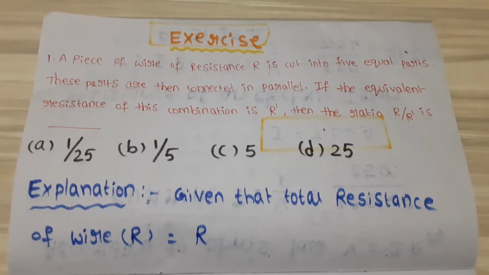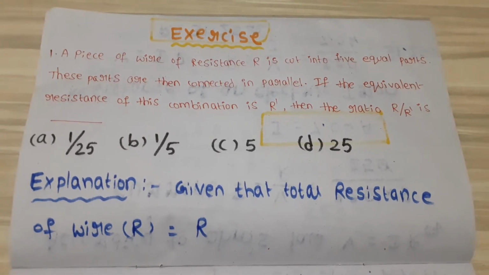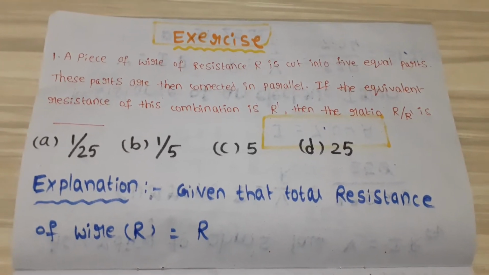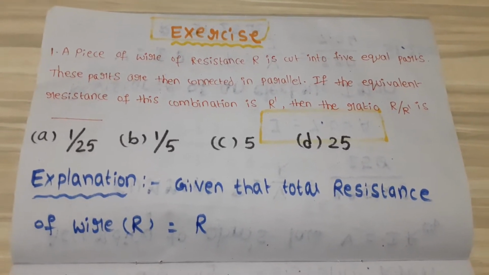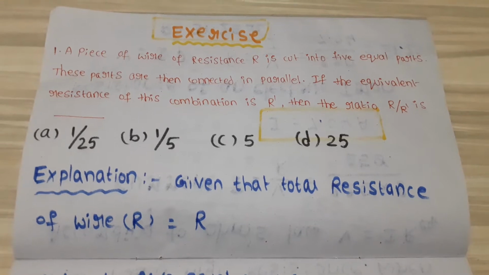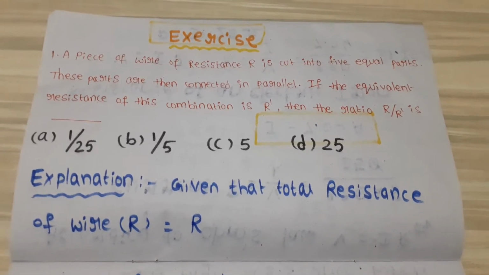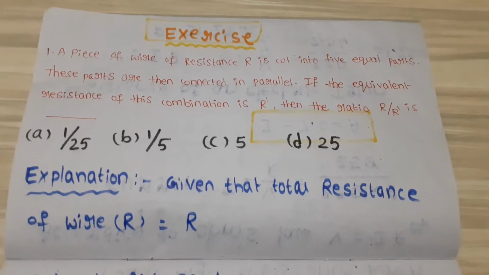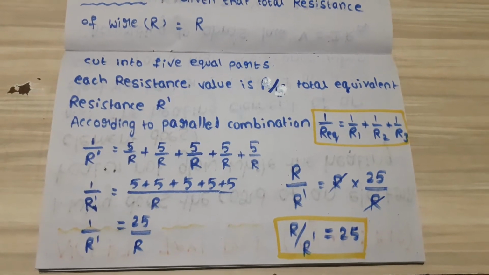Here R is the total resistance of the wire, and R dash is the equivalent resistance of the total circuit. So we have to find R by R dash. First of all, the total resistance of the wire is R, cut into 5 equal parts.